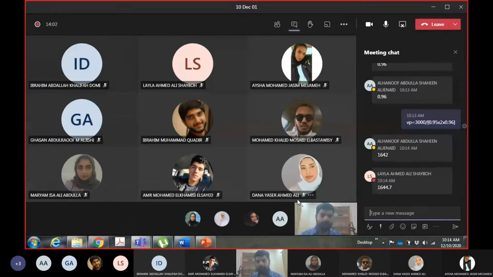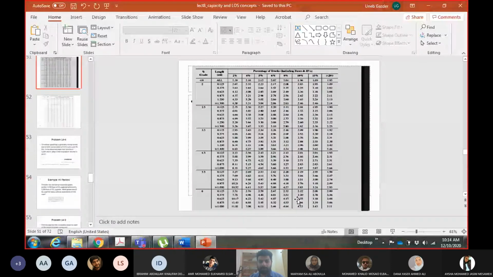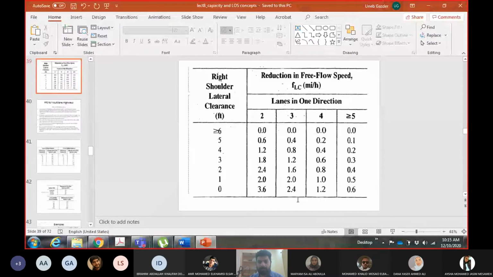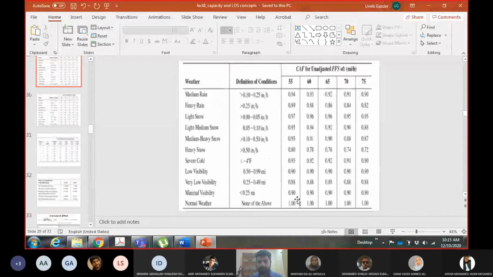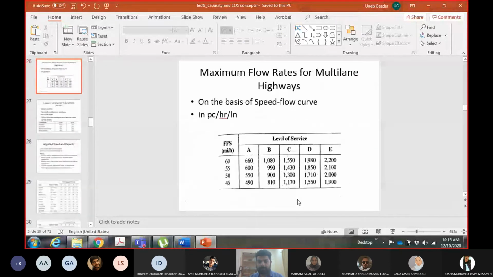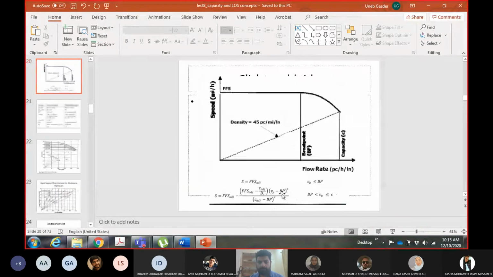If Vp was more than the breakpoint, then I would have applied this other equation to find out the speed. So I will just put S equals free flow speed because flow is less than breakpoint. And again, no adjustment is required because adjustment factor conditions are not mentioned.